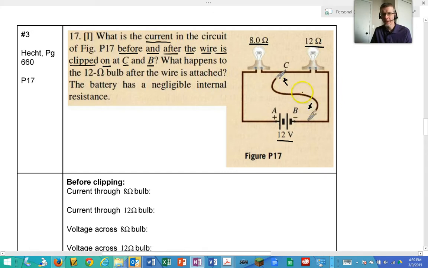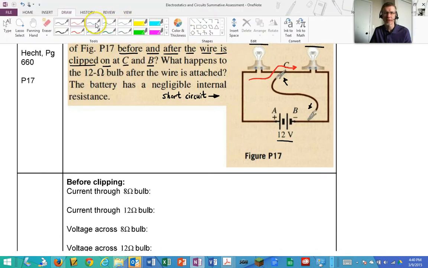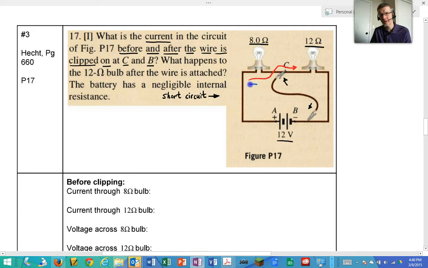So essentially, this is called a short circuit, which means you are presenting to the current a path that is way less resistance, so much less resistance in a wire than a 12-ohm bulb, and so we expect the current to follow the path of least resistance. And so we expect the current initially to be going this way, which is fine, but then once you connect this, we'll find the current is going this way down here through the wire.